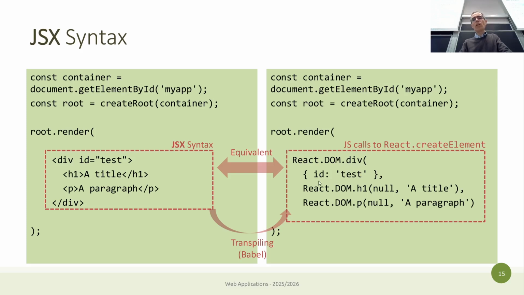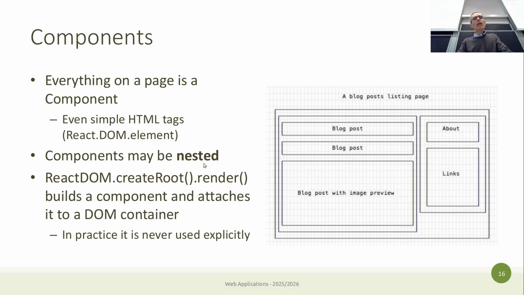Okay? So div contains an attribute ID with a value test and children, okay, that are H1, P, and so on. Okay? But this happens automatically. I mean, we will always write the syntax on the left because it's much easier to handle, right?